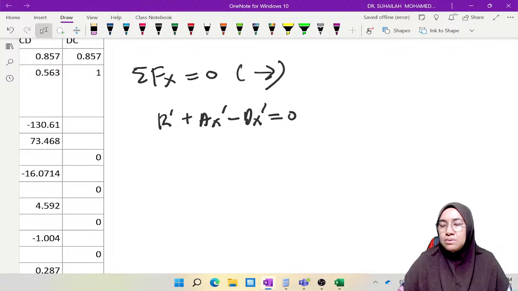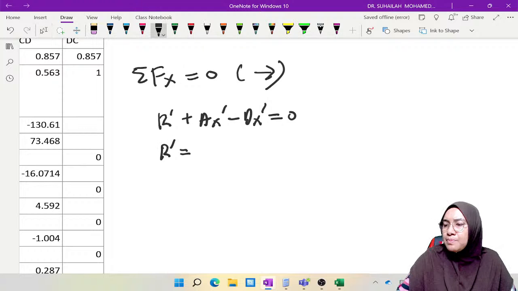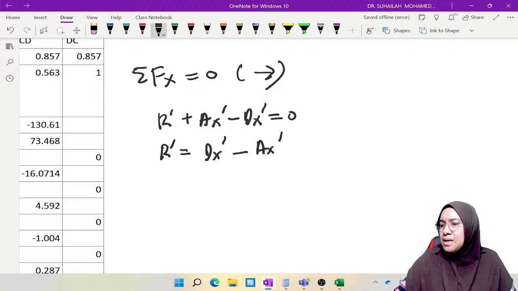So R prime is equal to DX prime minus AX prime.